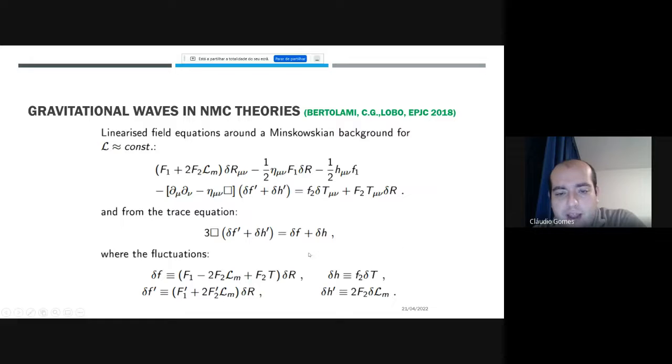Okay? By doing that, we find two excitation modes, and these fluctuations can be expressed as fundamental fluctuations of the Ricci scalar and from the matter sector.